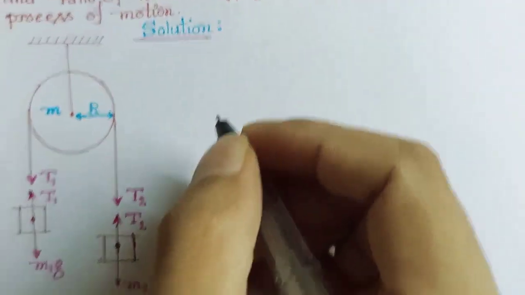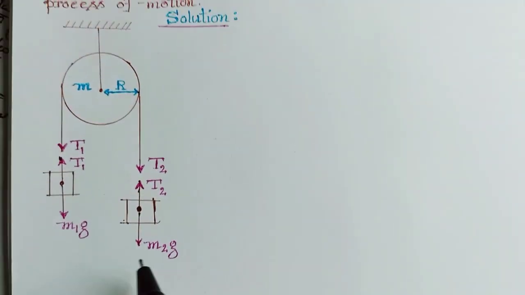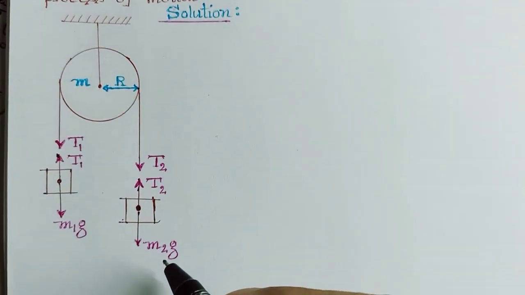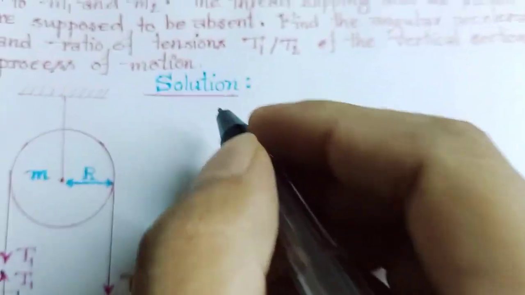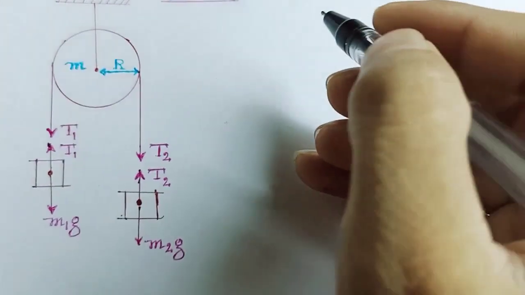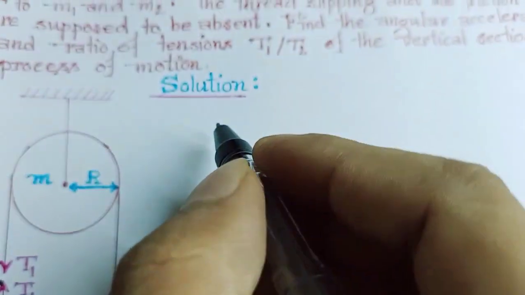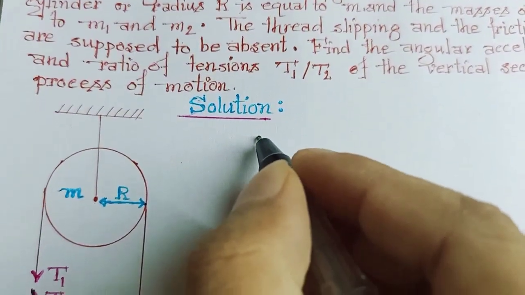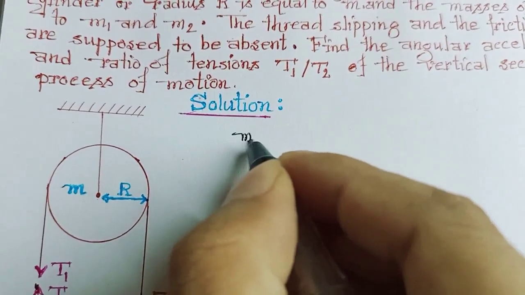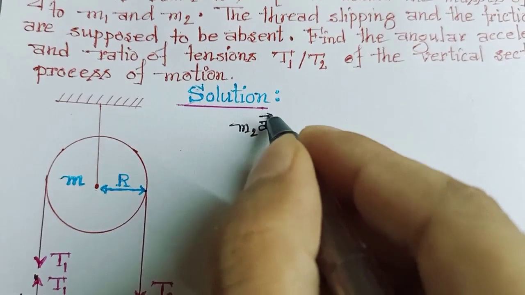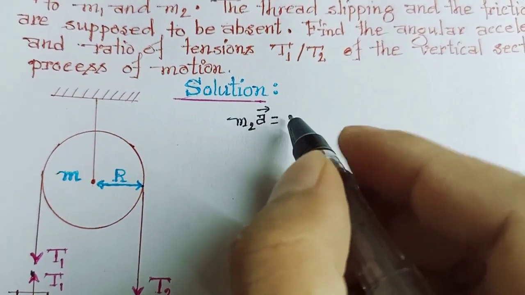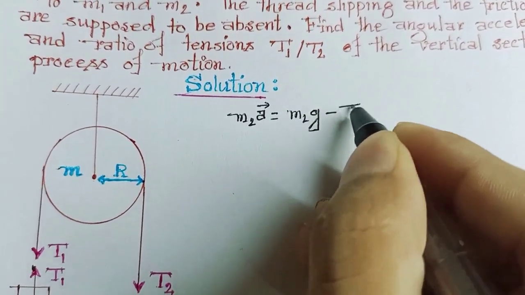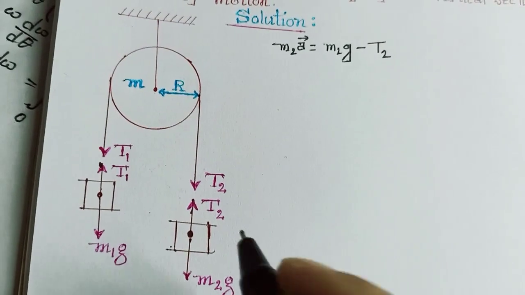So if we resolve all the forces, we will find 3 FBDs as shown here. From mass m2 we can write the equation of motion. The equation of motion for mass m2 will be m2a equal to m2g minus T2, because this is the direction of acceleration.